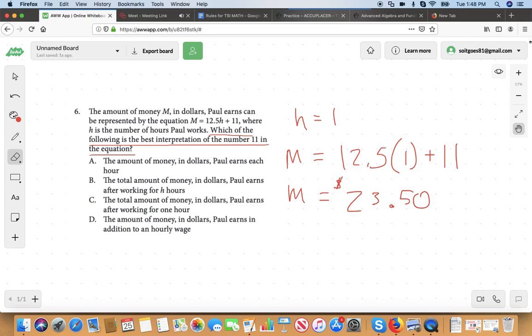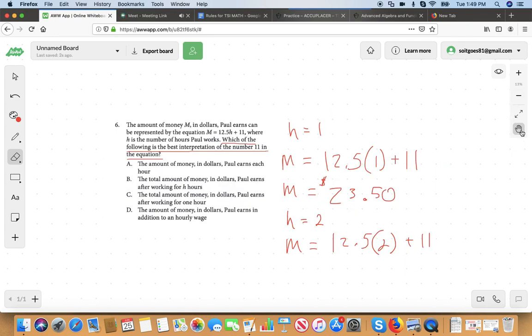Okay, great. Let's try another value. Let's make H equal 2. Let's see what happens to M after he's worked 2 hours. So we'll plug it back in, 12.5. But now it's not times H or times 1, it's times 2. Plus 11. Does that make sense? So now we just do 12.5 times 2.